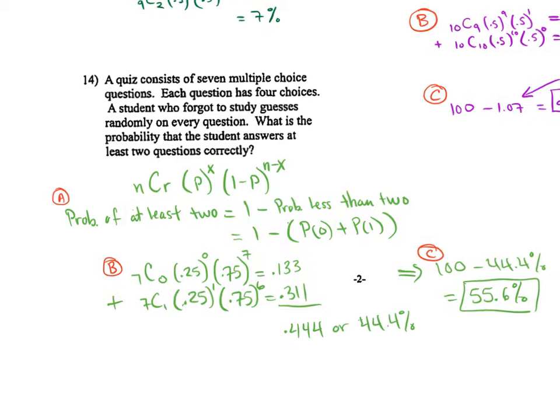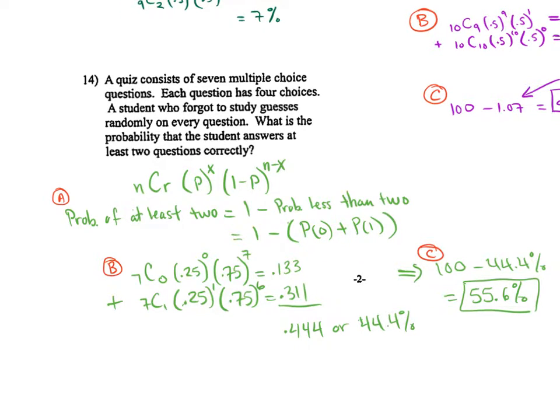Again, the more efficient way of doing it is to simply find the probability of less than 2 and subtract that from 1. And that's what we're going to do. So it's 1 minus the probability of less than 2, which is 1 minus the probability of 0 plus the probability of 1, because those are the 2 that are less than 2.